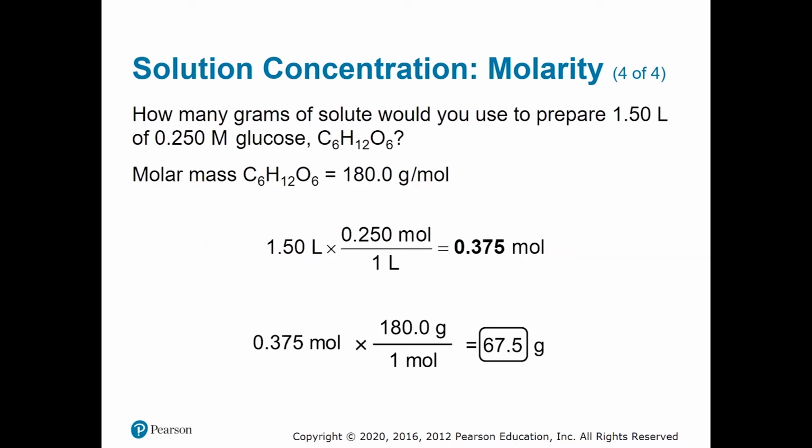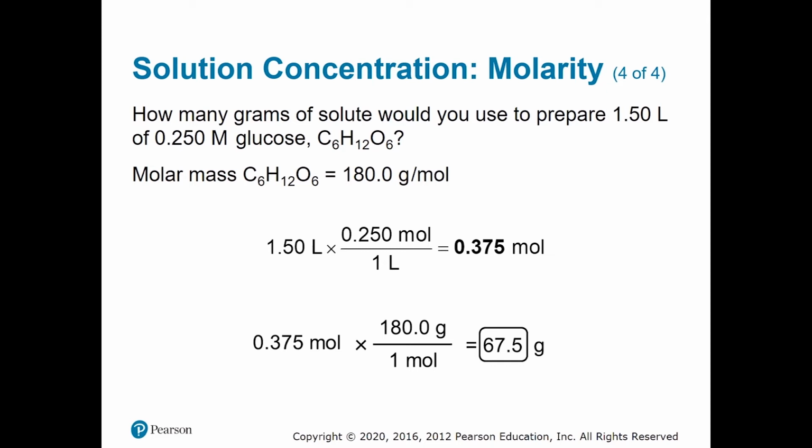If we look at something a bit more complex, in other words, not just 1 divided by 1, how could we make 1.5 liters of 0.250 molar glucose? Glucose is C6H12O6, which if you add it up has a molar mass of 180.0 grams per mole. Just like we can use molar mass as a conversion factor between grams of a pure substance and moles, we can use molarity as a conversion factor between liters of a solution and moles.